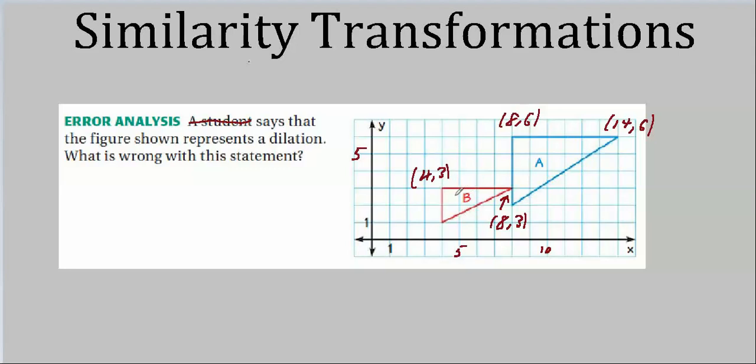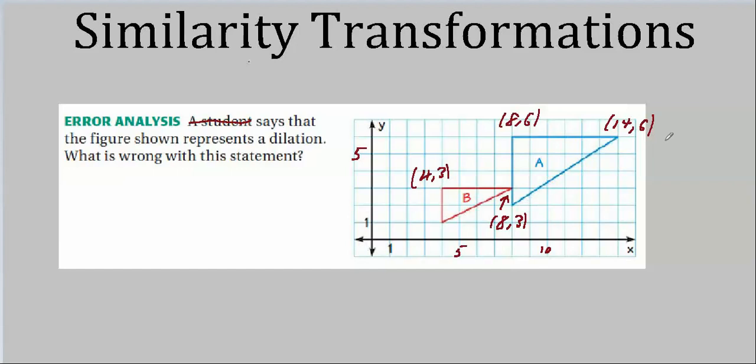Well, this point corresponds to this, and it looks like our dilation factor is 2. 2 times 4 is 8, 2 times 3 is 6. Looks good. What about here? Well, here, this is the point 8, 3, and this corresponds to the point 14, 6. Well, let's see. 2 times 3 is 6. 2 times 8 is 16. Uh-oh. Well, that's no good.